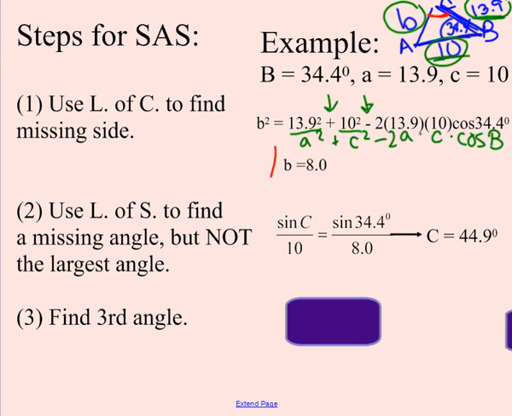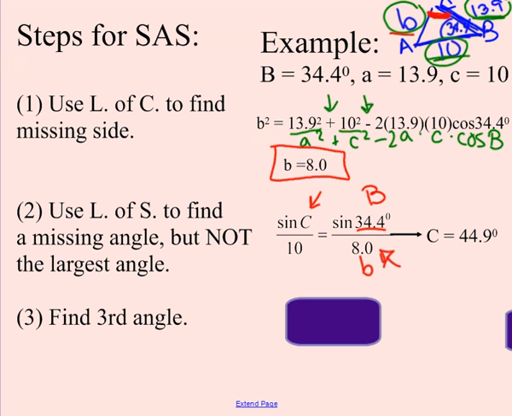We found side B, and if we still wanted to know more information about this triangle, like this angle, we can then set it up using law of sines. So we can say sine of 34.4 over B, because we just found this B and we were given this angle, is equal to sine of C, which is what we're trying to find now, divided by the side that it's across from.